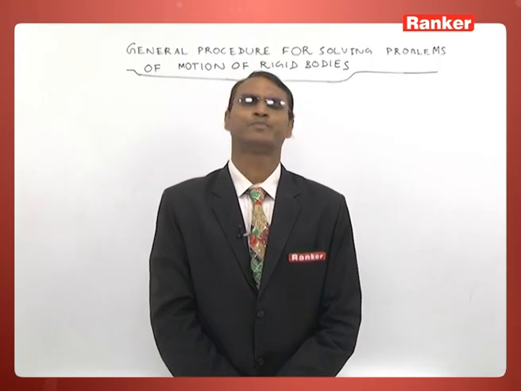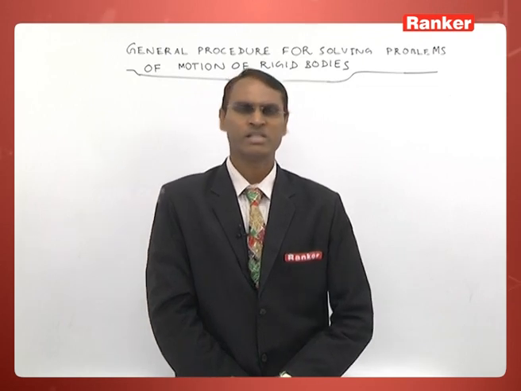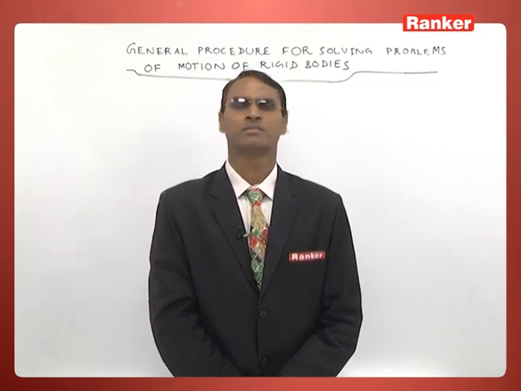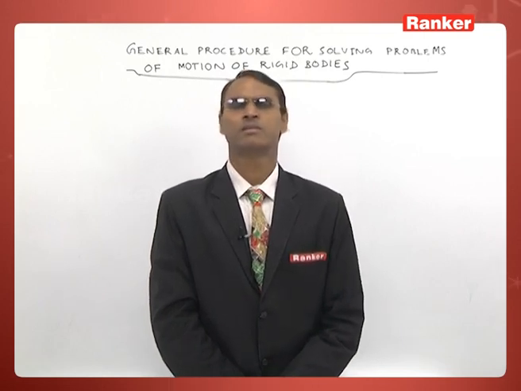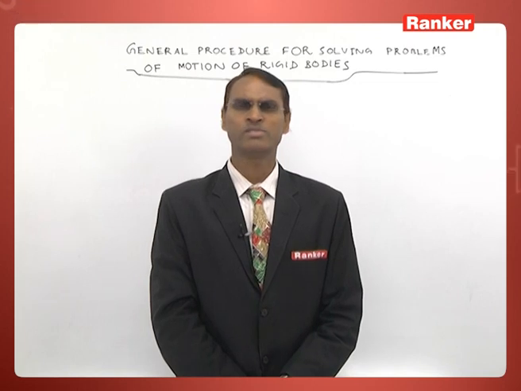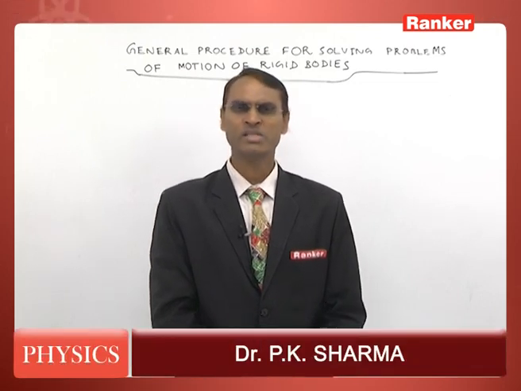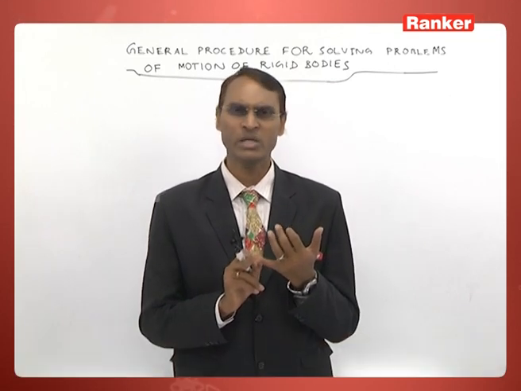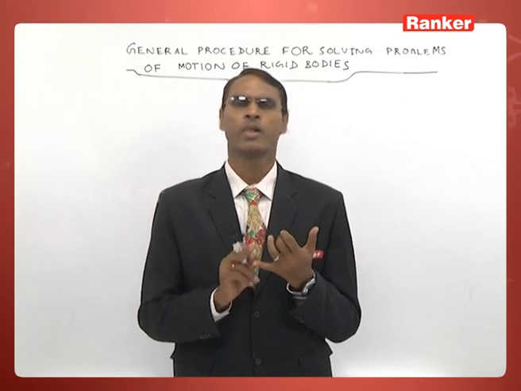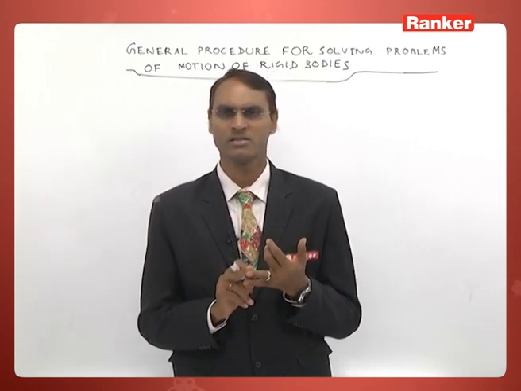So let us tabulate all these equations we have obtained. Before solving these equations, we need to check each and every equation. How many equations have we got? 5 equations. What are these equations? Dynamical equations and kinematical equations.